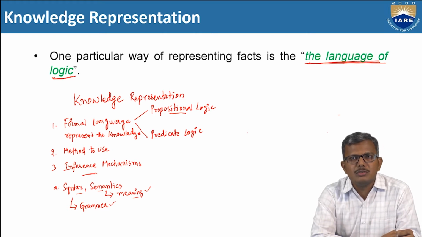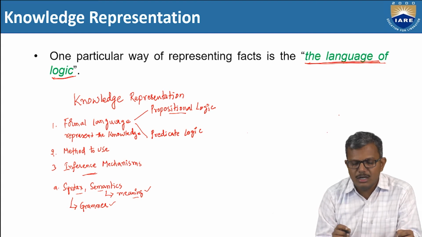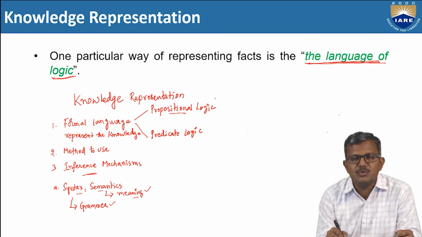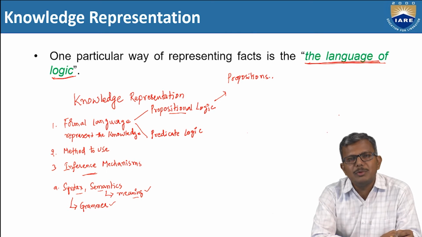So what does propositional logic consist of? Propositional logic is a particular language we select in order to represent knowledge in the form of propositions. So what do we mean by a proposition?